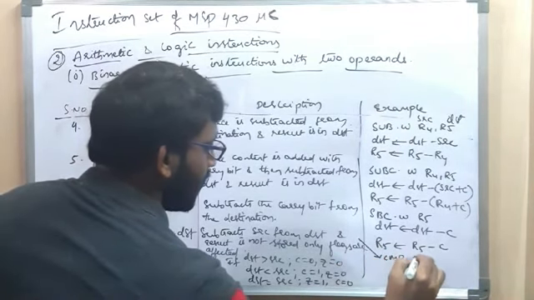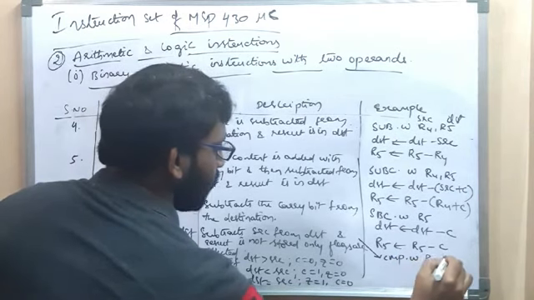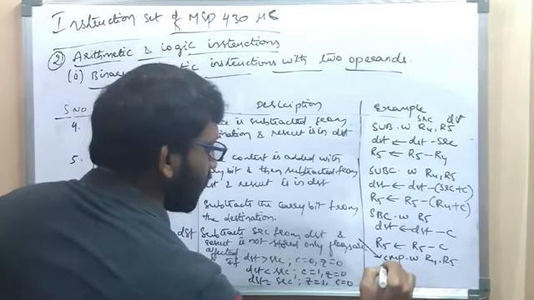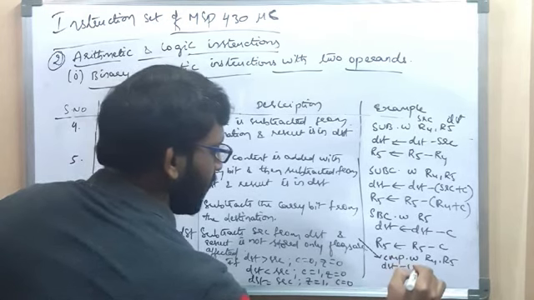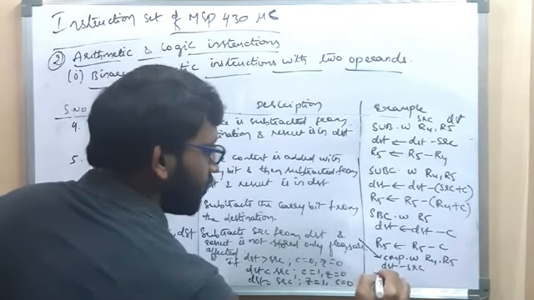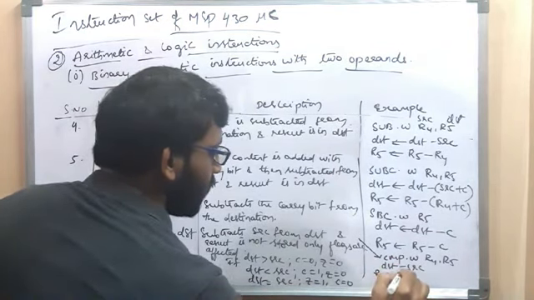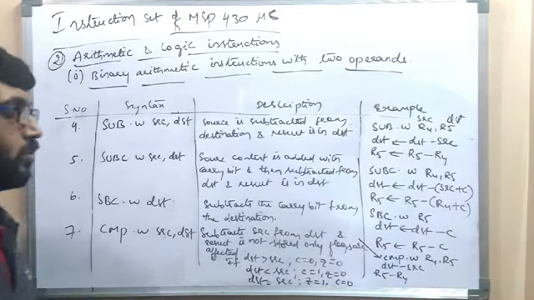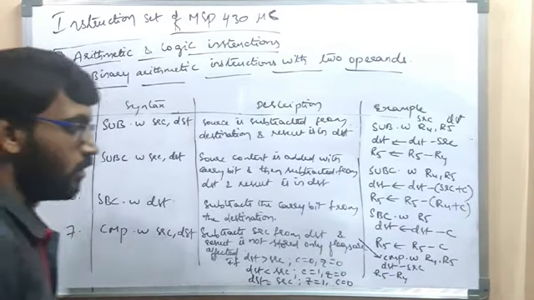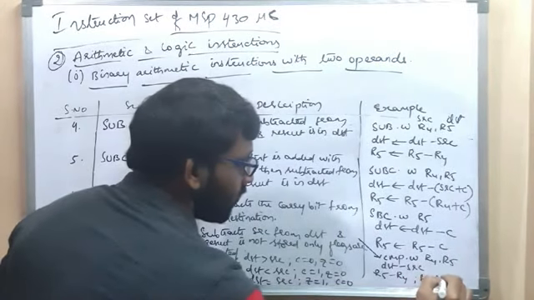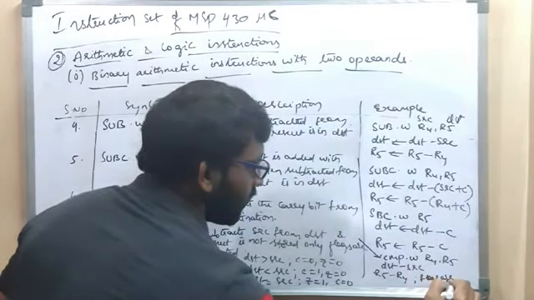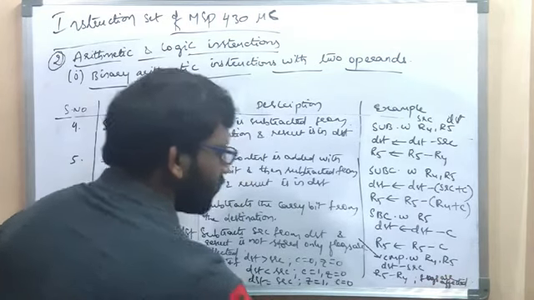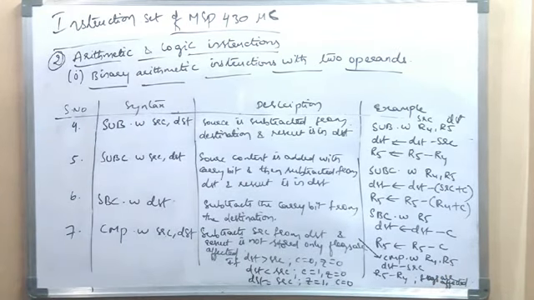Compare dot w r4 comma r5, destination minus source, so r5 minus r4, and flag bits are affected. So this is about compare instruction. So we have 7 instructions under the category of arithmetic instructions with 2 operands.